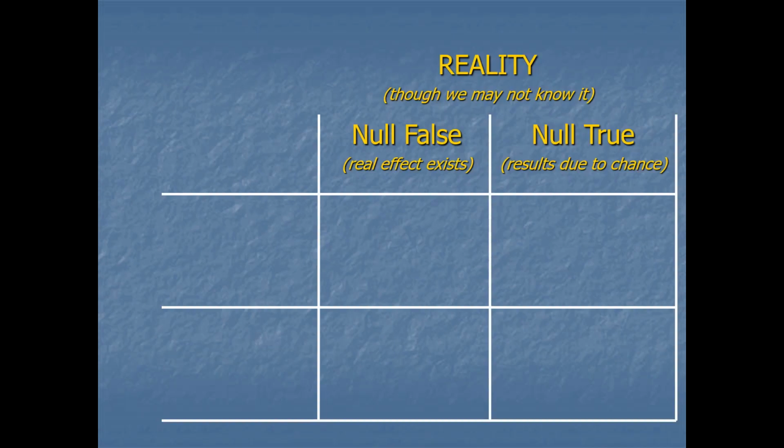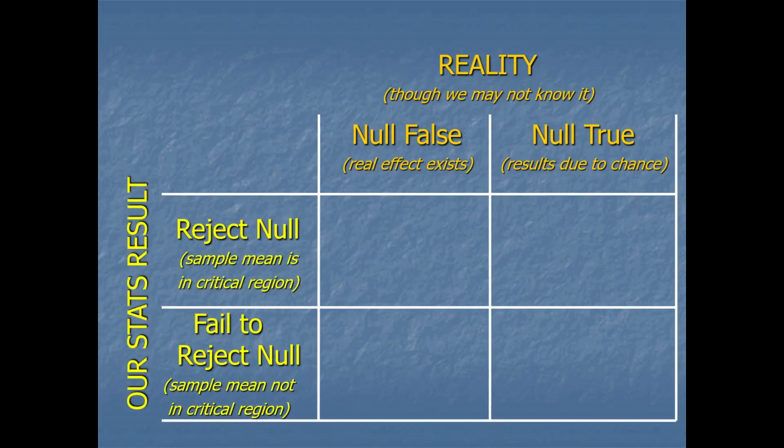But if the null is true, then there is no effect, and any differences we find in our samples, like between treatment and control, are just due to chance, to random sampling. But that's the reality of the world up here in this orange font. Either there's an effect or there isn't, regardless of whatever we think or conclude or do stats on, okay?